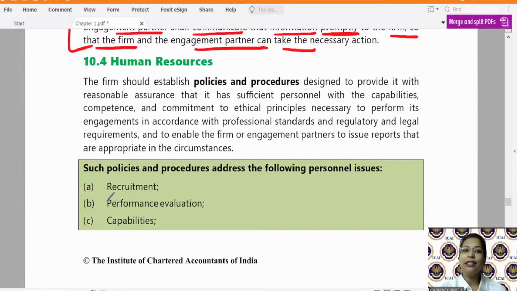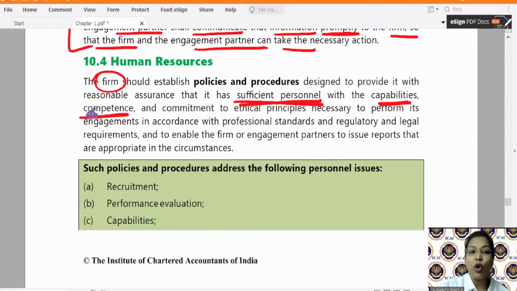So that is why this is a point relating to human resources. The audit firm, here firm means audit firm, Goma. So the firm should establish the policies and procedures with respect to human resources. The firm should know whether it has sufficient personnel with the capabilities, competence, commitment to ethical principles.